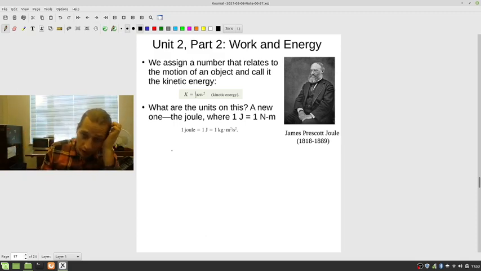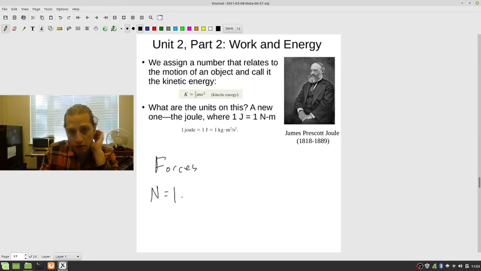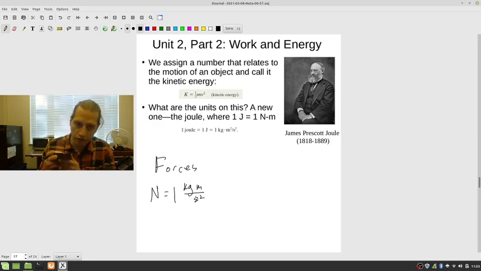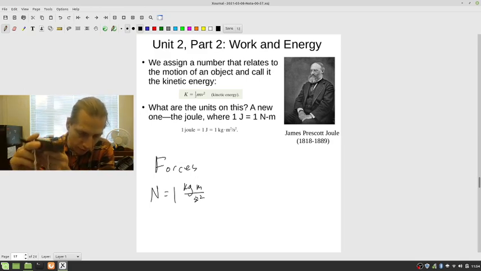Remember our forces, a Newton is 1 kilogram times meters per second squared. So our idea was that if we pushed on a kilogram with a force of 1 Newton for 1 second, we get that kilogram to go to a speed of 1 meter per second.